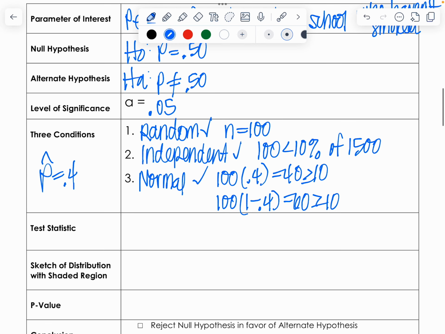All right. So now our z-score, our test statistic, will be 0.4 minus 0.5 divided by the square root of 0.5 times 1 minus 0.5 over the n value of 100. Okay, so we know we'll have 0.1 up top. And now we do our big square root.